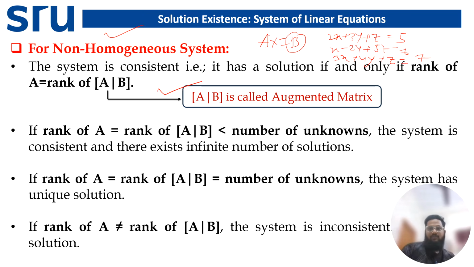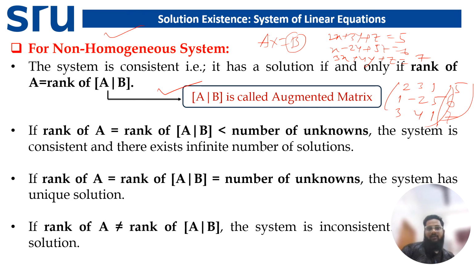We can convert this to a matrix: 2 3 1, 1 minus 2 5, 3 4 1. This is the coefficient matrix. Along with the coefficient matrix, if we take the right hand side b also, that means 5, 6 and 7, this total matrix is called the augmented matrix, A then a line, then B.